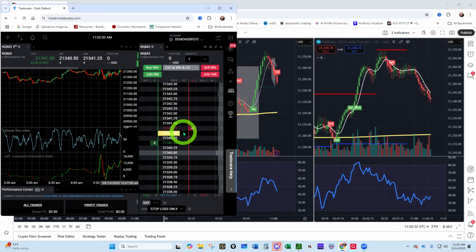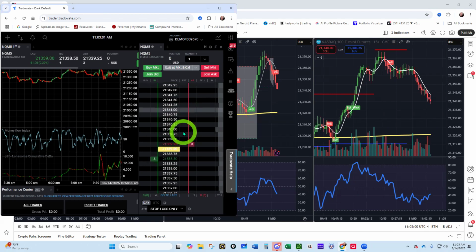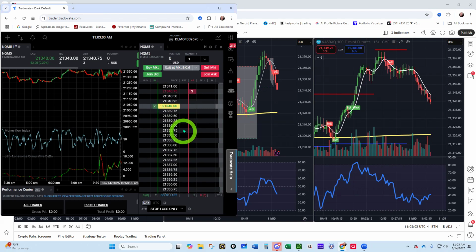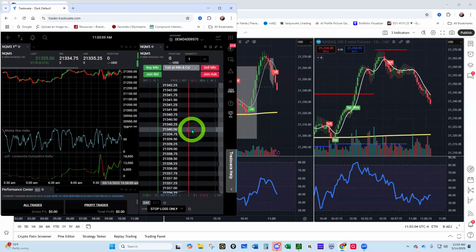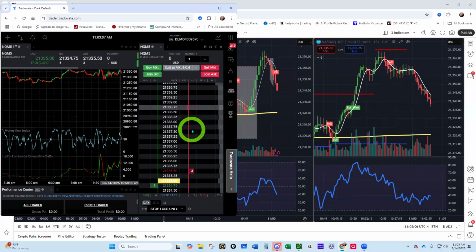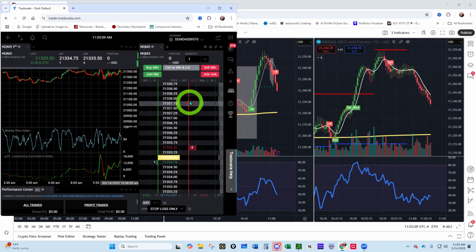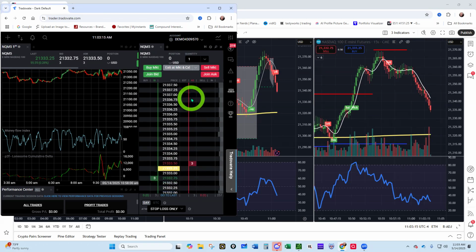I'm coming down to my VWAP. It's not looking like it's going to hold.